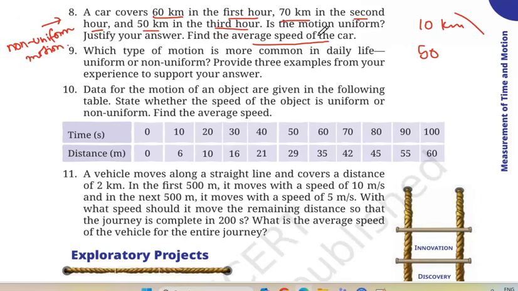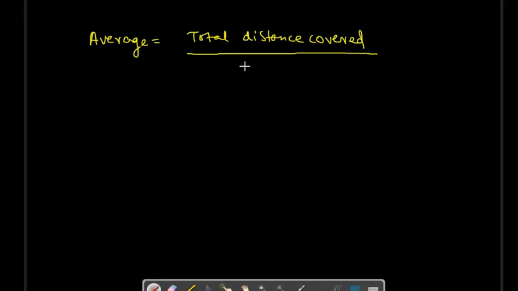All right, find the average speed of the car. You know the formula for average speed, we have already discussed it in our video. What is the formula? Total distance covered upon total time taken.